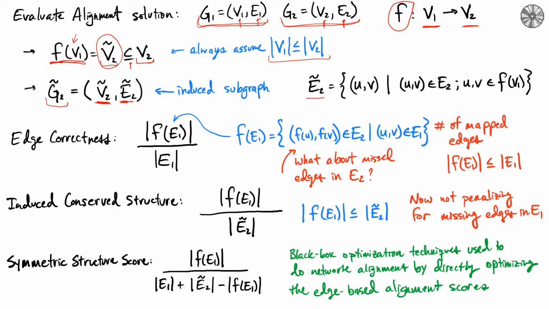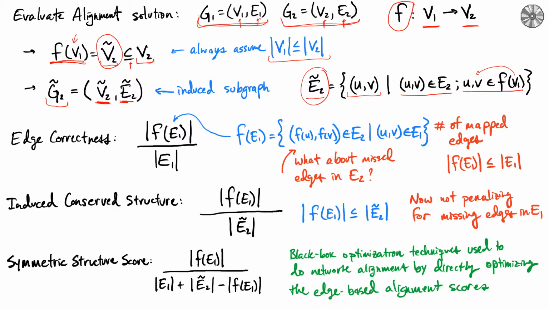If there is an edge between u and v in the second graph, so the second graph already has this edge between u and v, and if u and v are part of the nodes that match the nodes from V1 using this function f, then that means that we keep that edge between u and v in the induced subgraph.